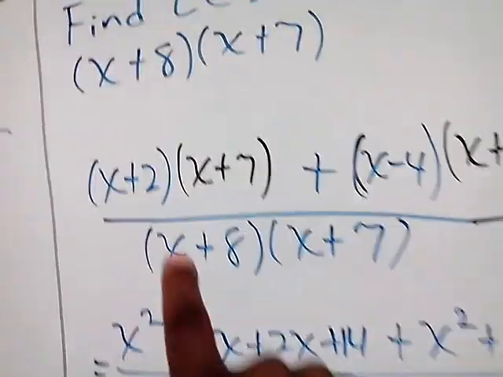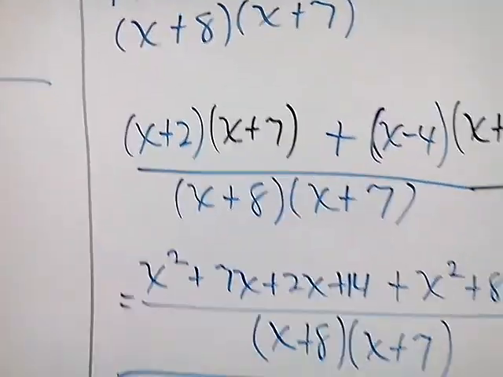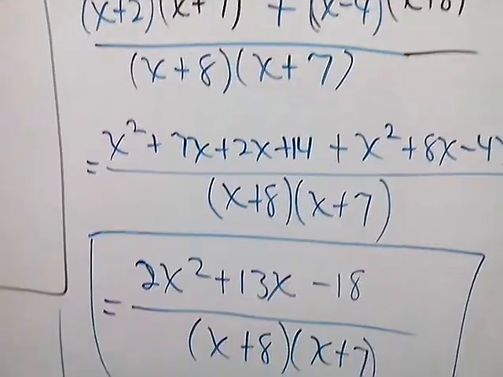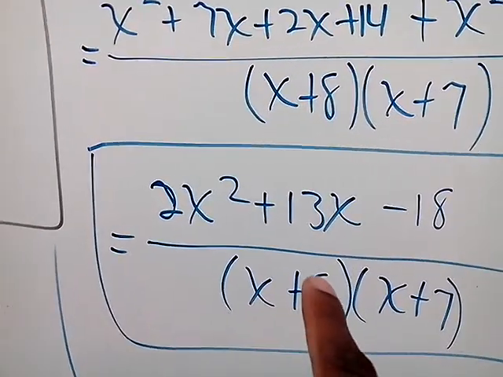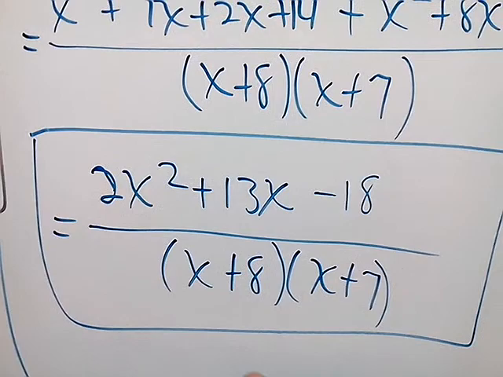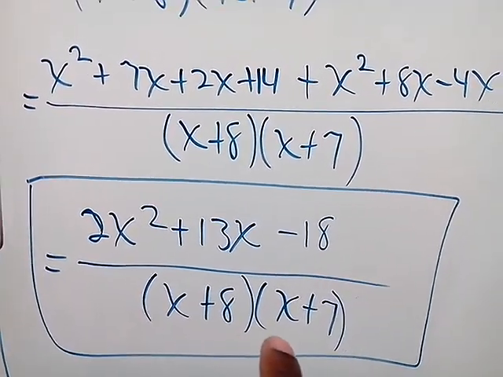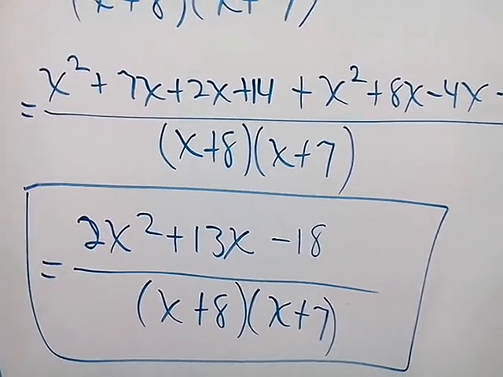And using the FOIL method to multiply both of the terms, we come out with 2x squared plus 13x minus 18 over x plus 8 times x plus 7.